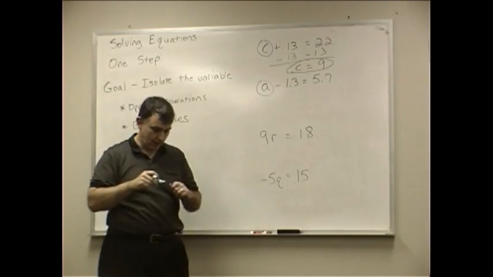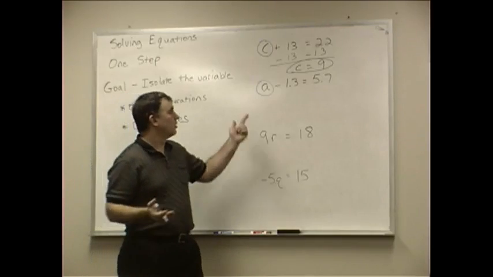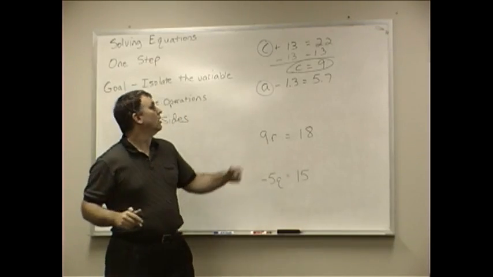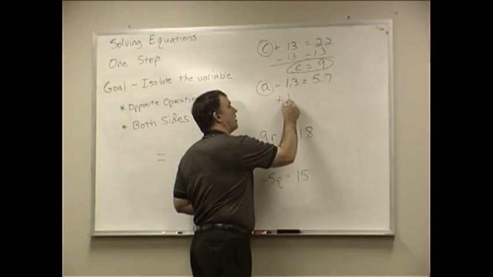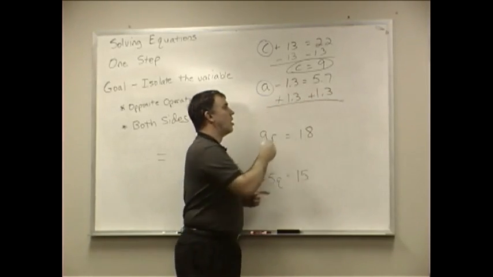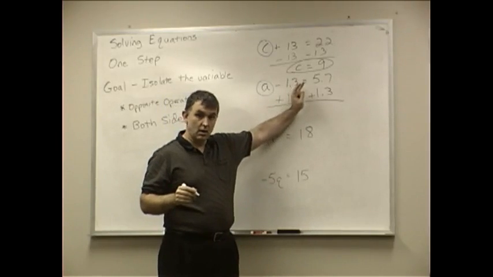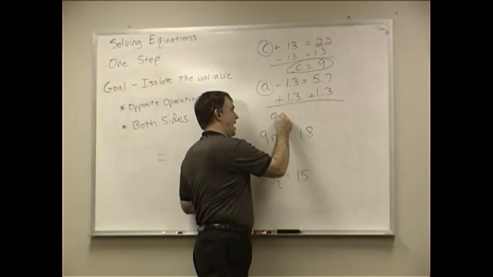We want to get it by itself. Think of a variable like it's got the plague. Everything wants to get away from it. So to get rid of minus 1.3, we add 1.3 to both sides. Notice here's the equal sign, so I'm doing it to both sides of the equals. So that gives me a.